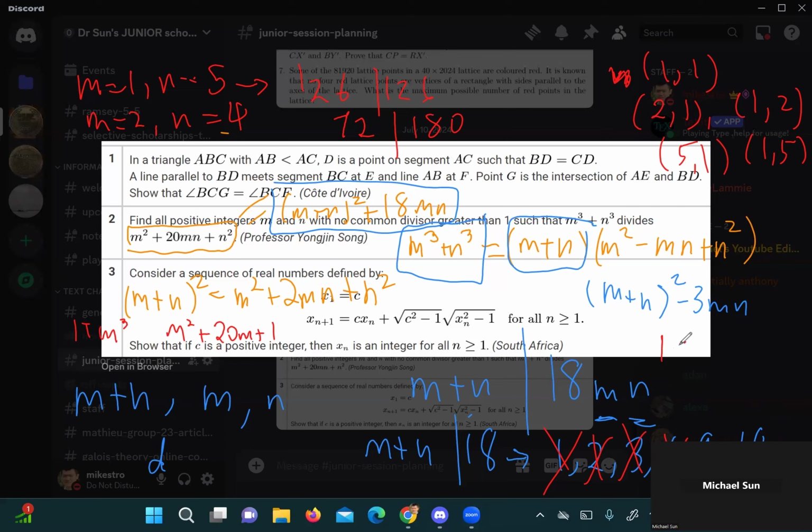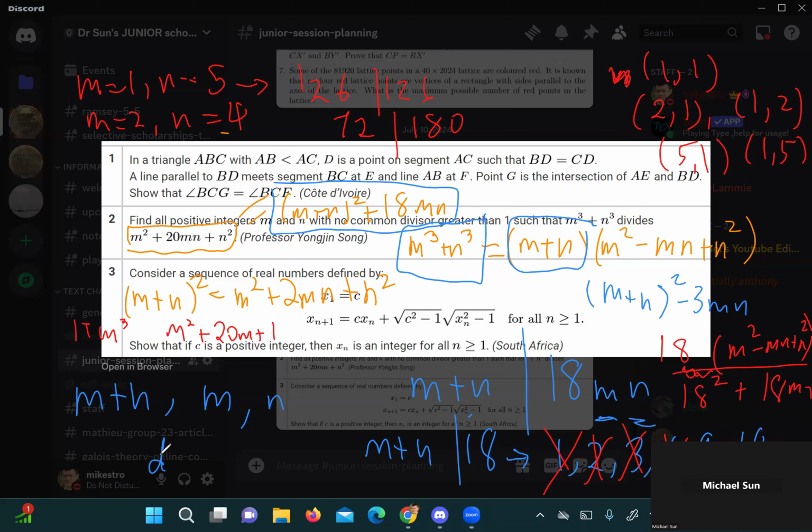So you have 18 times m squared minus mn plus n squared divides into 18 squared plus 18mn.